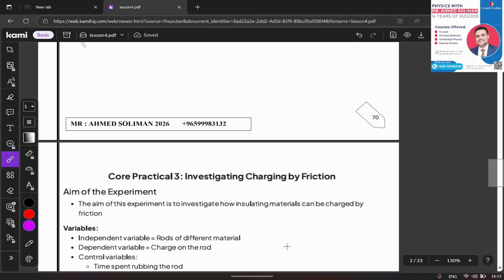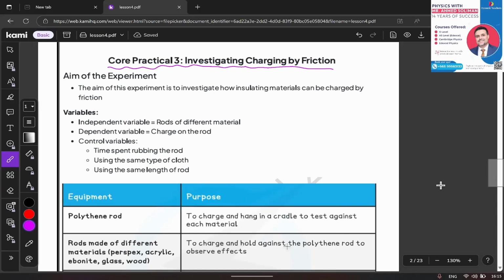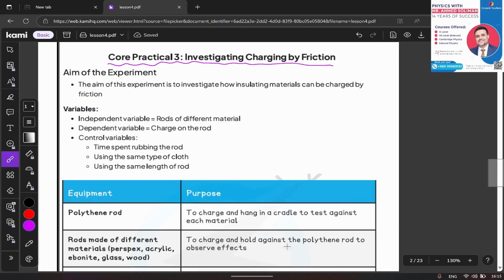Aluminum. Okay. Now we will take the first experiment, how to investigate charging by friction. Maybe in the test he will ask you to write this experiment. So you have to understand this experiment and try to write it more than one time to be sure you can answer the question.